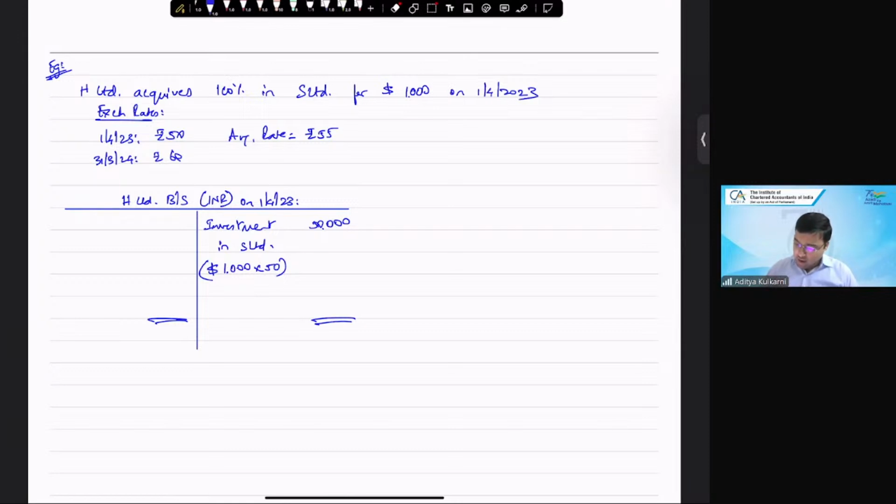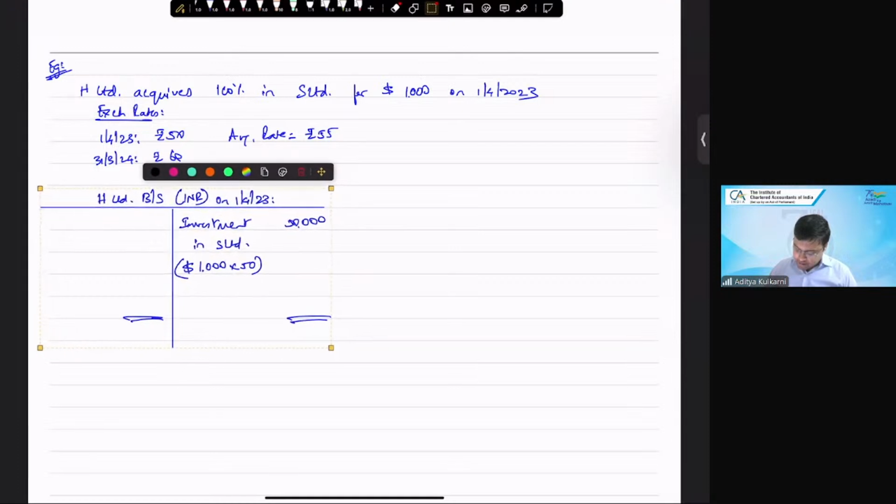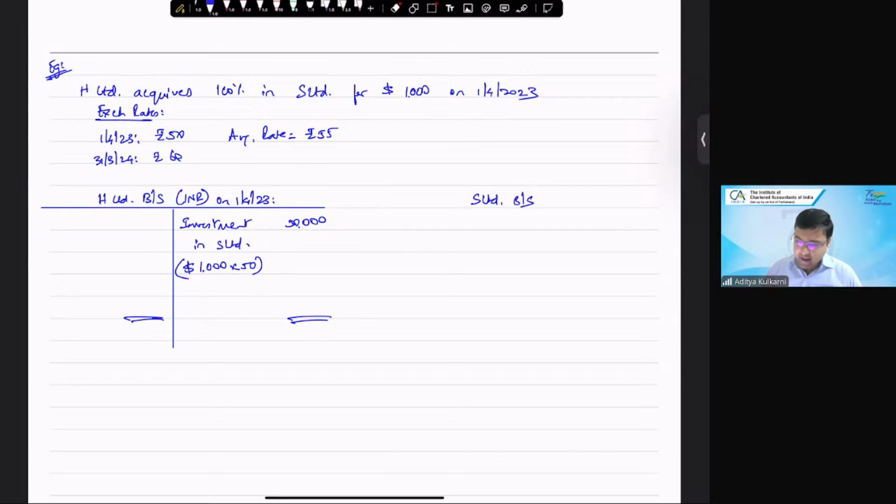Now let us look at S Limited's balance sheet in US dollars. 1st April 23, March 24.